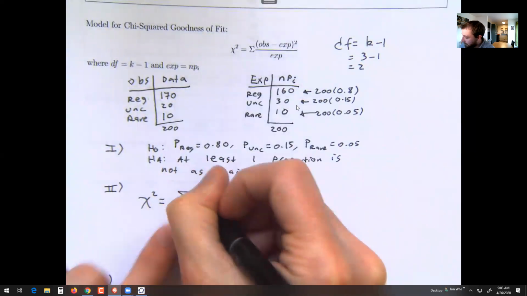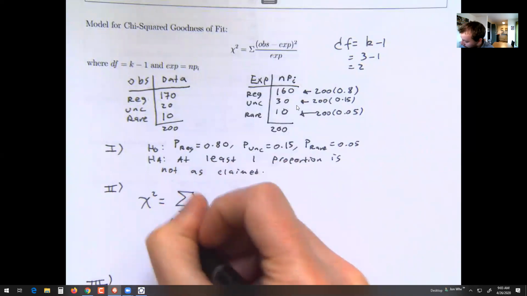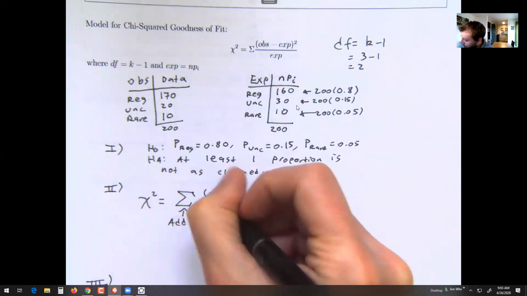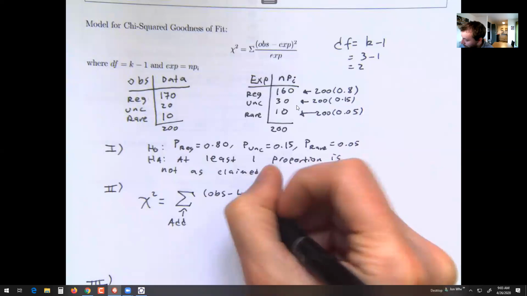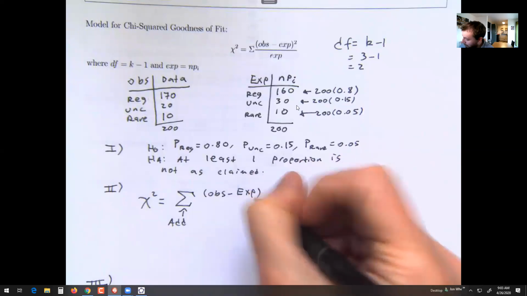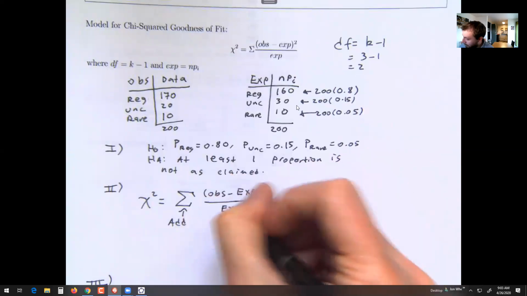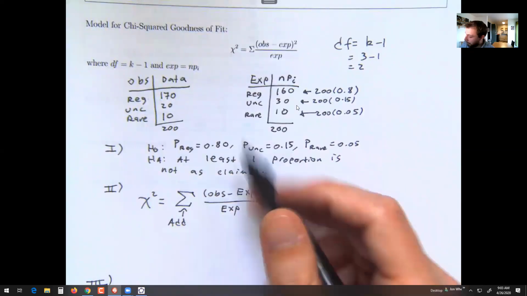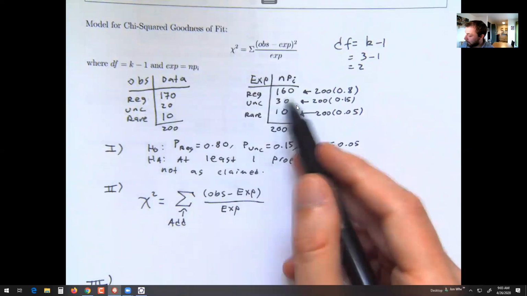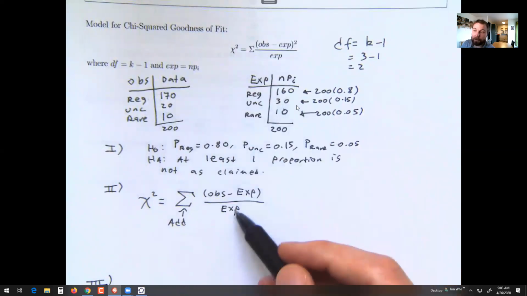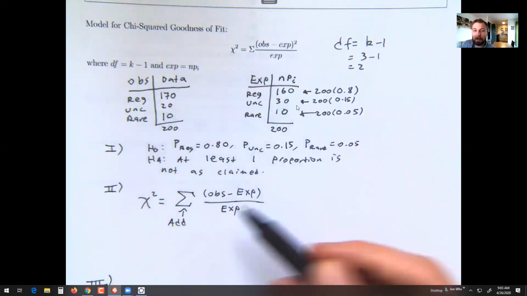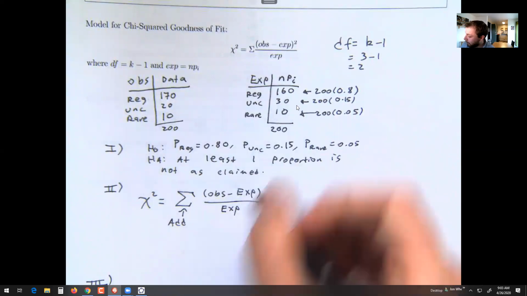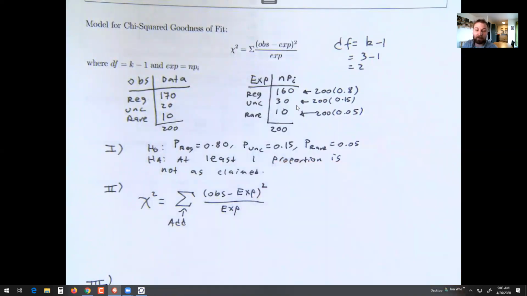So it adds, this symbol means add, each of the observed values from my table minus the expected, divided by the expected. Now these would give me the individual percentages. So for example, I would be off by 10 for this category, uncommon. Out of 30, that's 33% error. Now to avoid having everything cancel out on me, I'm going to square it to avoid getting any sign issues.